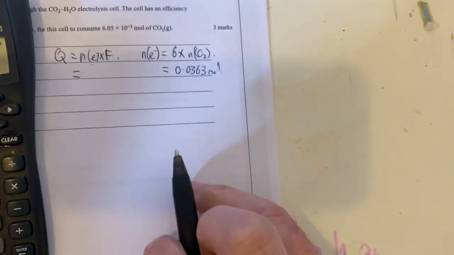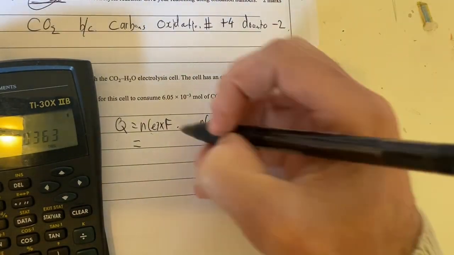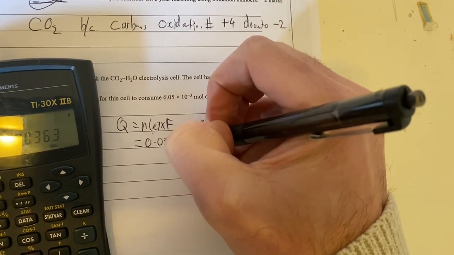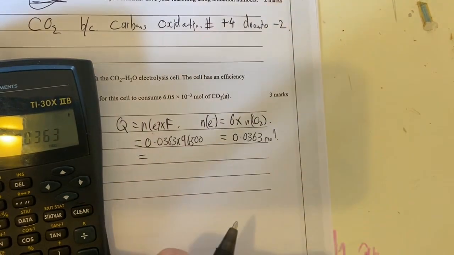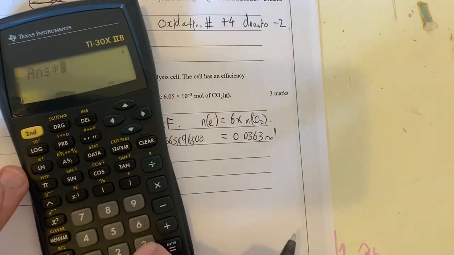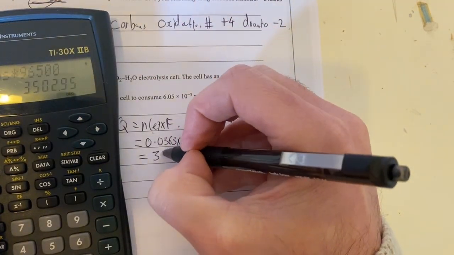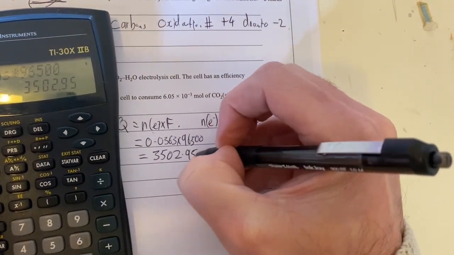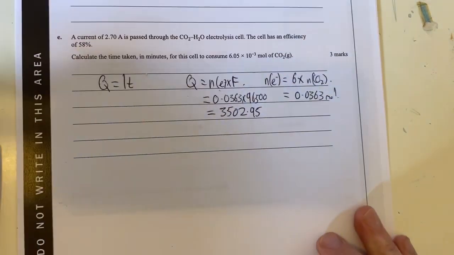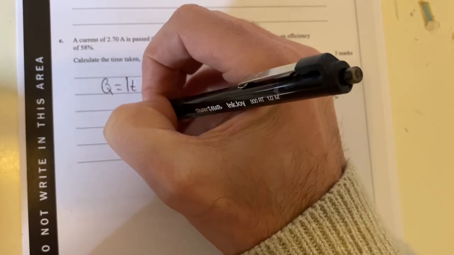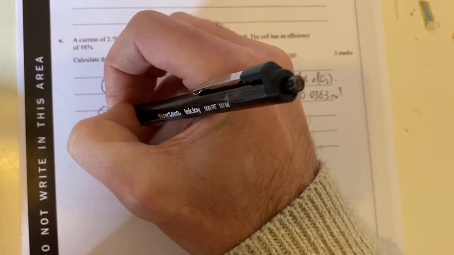So now I can find my Q. 0.0363 times 96500 gives me 3502.95 coulombs of charge.